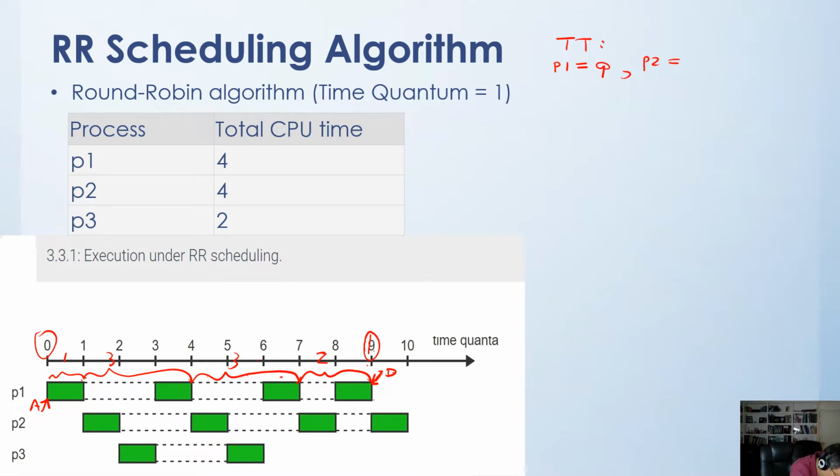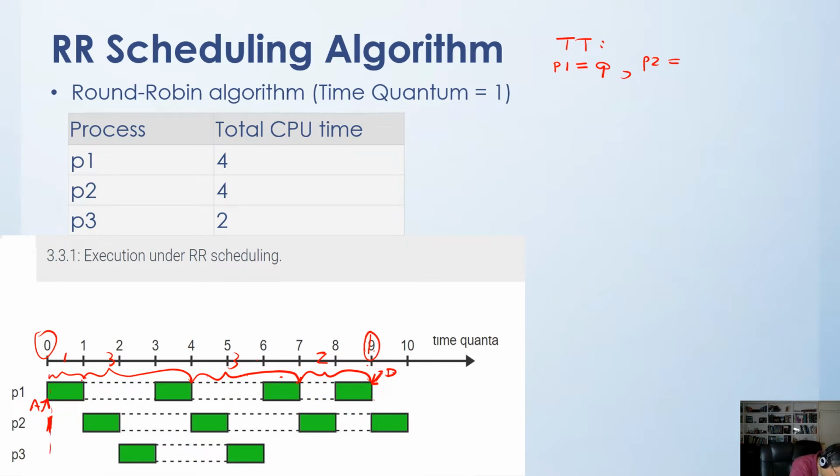You can calculate each individual part, but you can also count it as a total. P2 also arrives at time 0. We assume that they are already in the queue when we start to use round robin, so all the arrival times are 0.